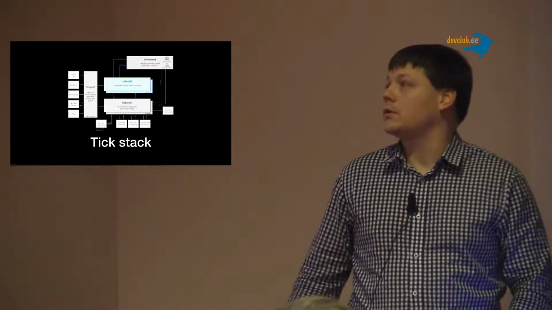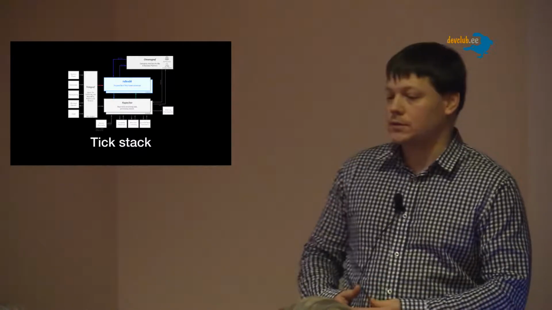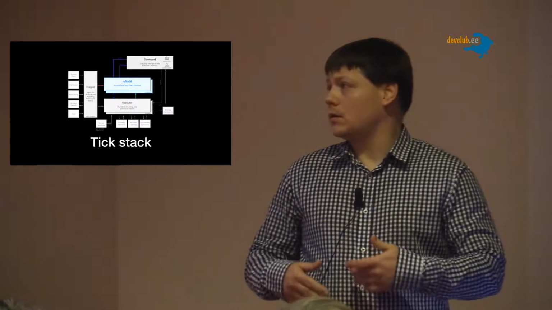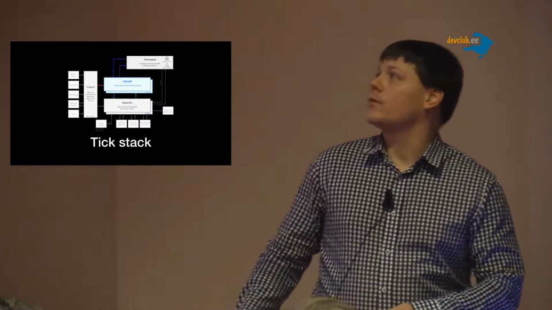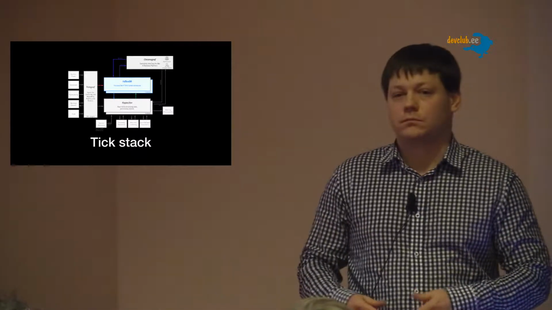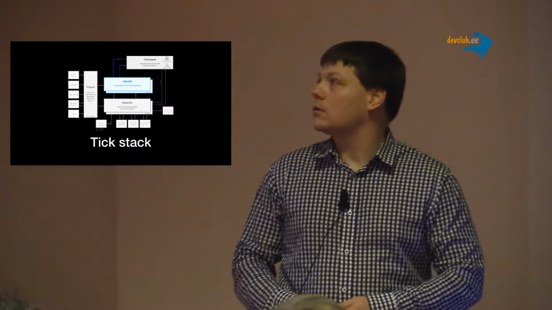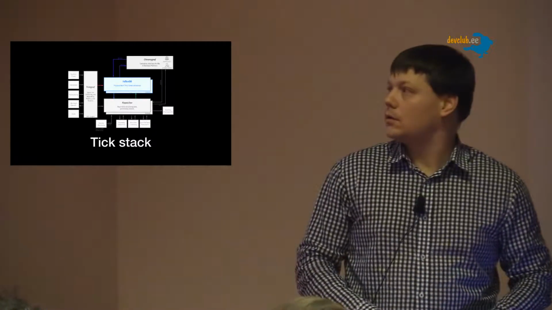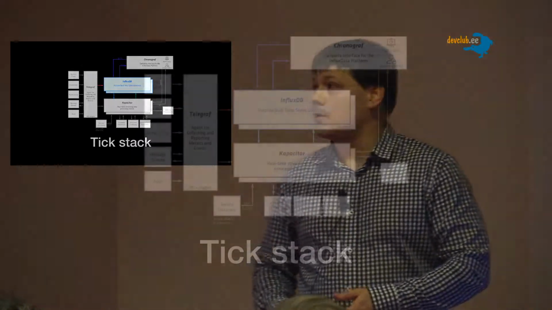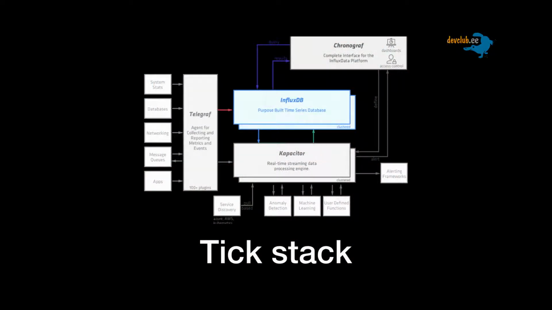It's InfluxDB, a database that just collects data series. Chronograf, which is just a UI to show all these graphs and helps you to configure and be a service monitoring administrator. Telegraf, a data collector that has a lot of plugins for different services and protocols and so on.